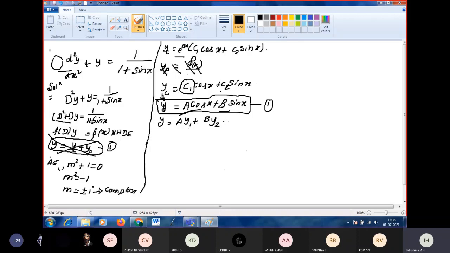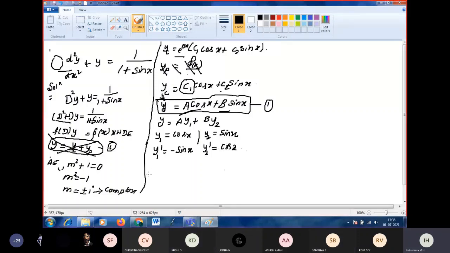Comparing, y1 is cos x and y2 is sin x. After finding y1 and y2, find y1 dash. Differentiation of cos x is minus sin x. Next find y2 dash. The differentiation of sin x is cos x.